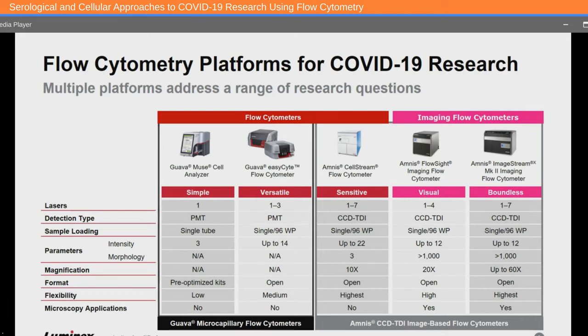In the next part of the presentation, we will be mainly focusing on the platforms based on microcapillary flow cytometry, which is mainly the Guava Muse cell analyzer and the Guava EasySight flow cytometers and its applications to serological research.